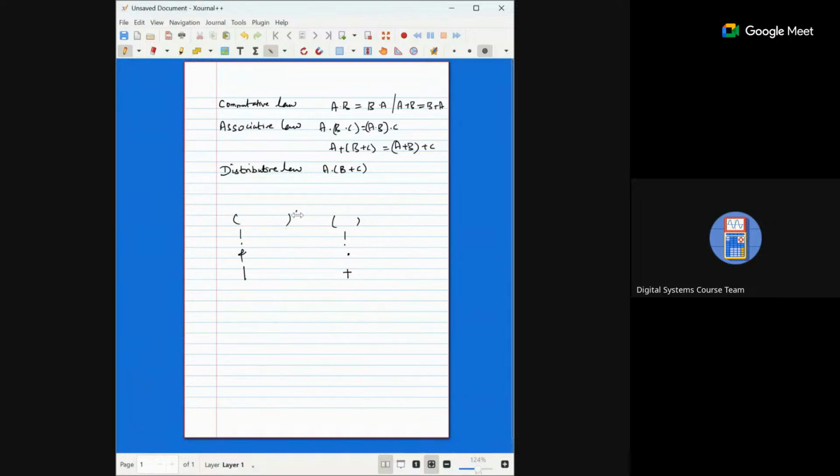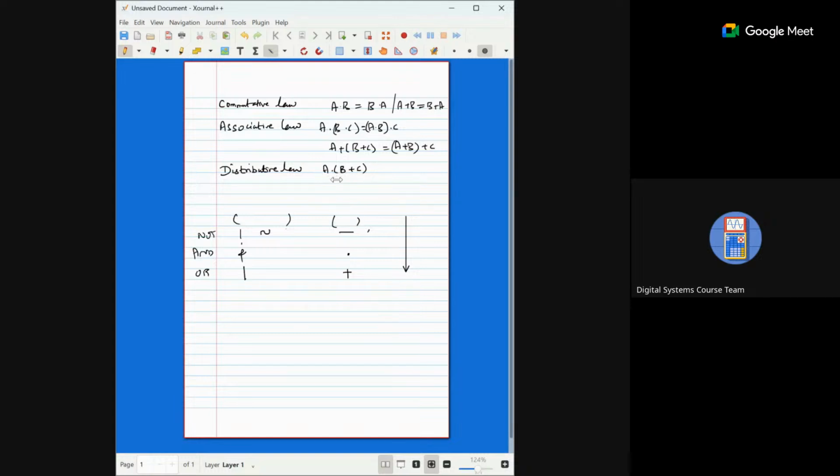If you are studying Verilog programming, there are symbols for AND, for OR, for NOT; there is another NOT called the tilde. Here we can define NOT by either a bar or an apostrophe. So the order of precedence is in this way, and parenthesis always comes first. Any doubt in this regard?